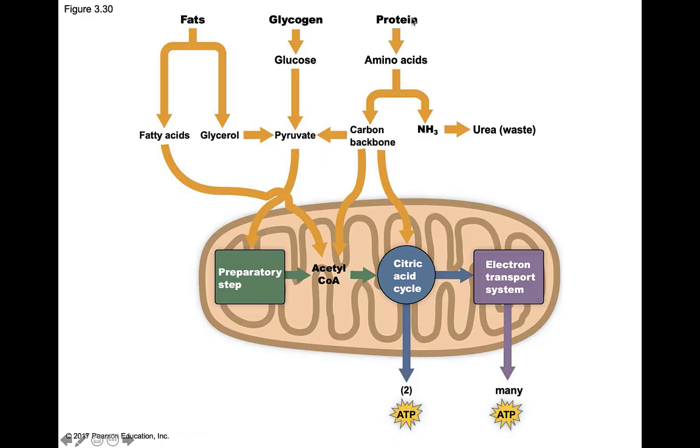And if I look at protein, no new pathways here. So basically, I'm using the same pathways we learned about glucose oxidation to get energy from fatty acids, glycerol, and amino acids. That's a really important concept, and you may see it referred to as a metabolic mill.